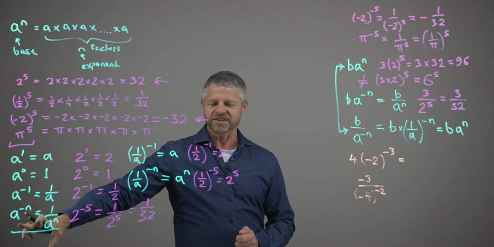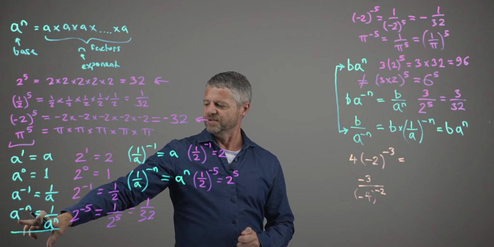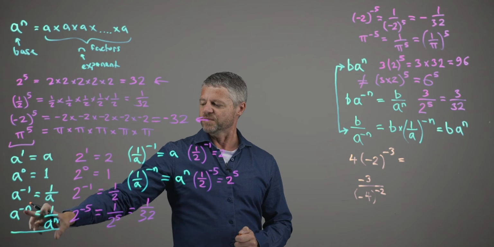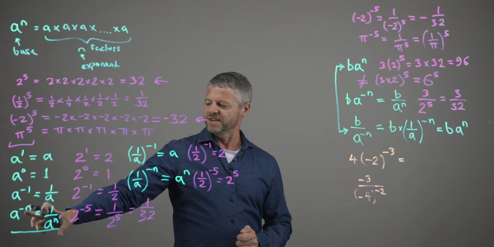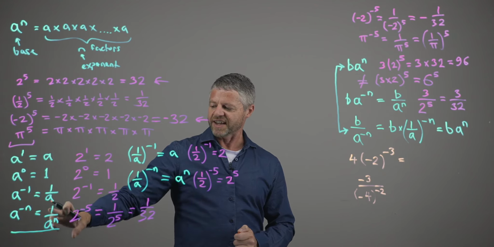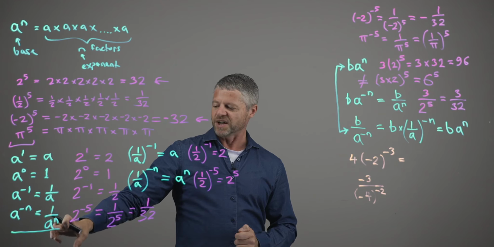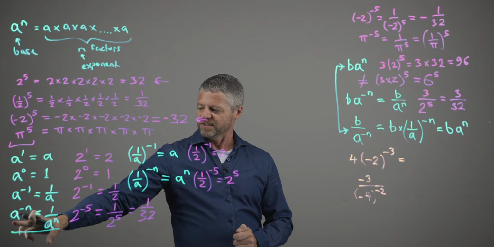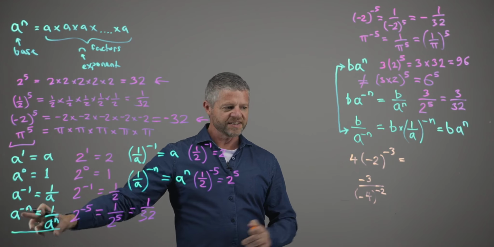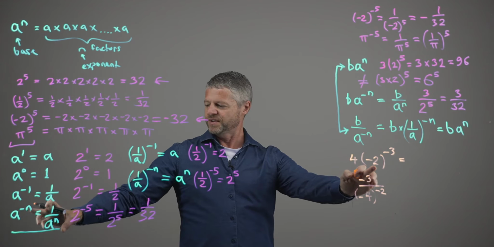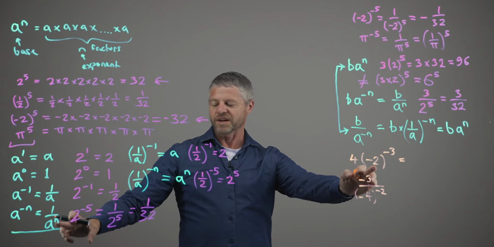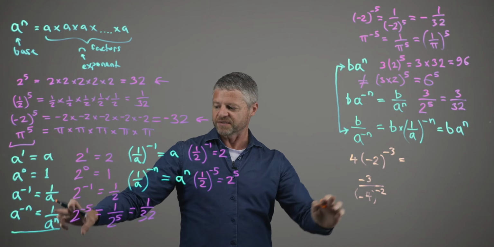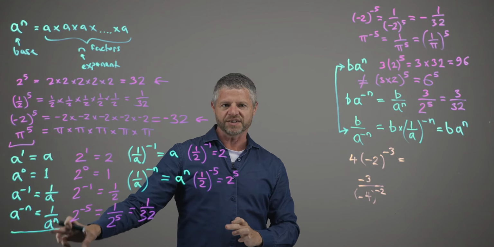So we're kind of in this situation here. We've got something with a negative exponent. So that we can rewrite that as 1 divided by the thing a, whatever that is. In this case, it's going to be minus 2, with now a positive exponent. But we have to put it in the denominator to do that.